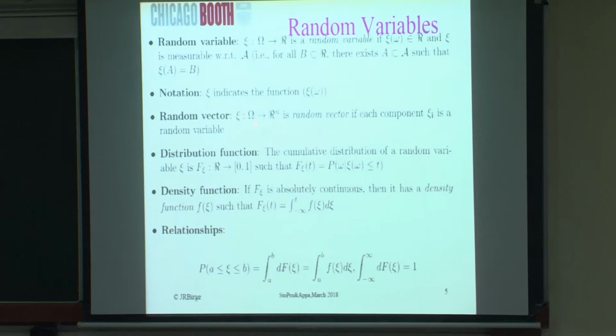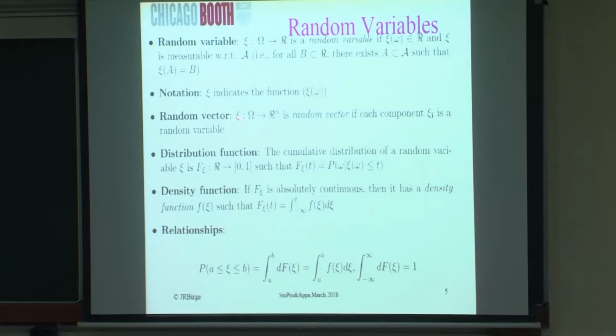Now, often we'll use random vectors or even random matrices. So the random vector just means that it's a mapping from omega, but now it's in n-dimensional space.